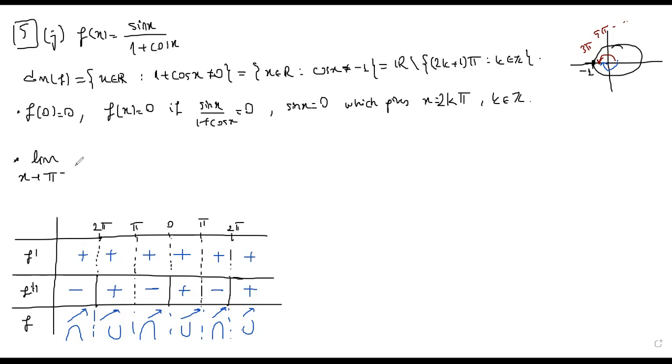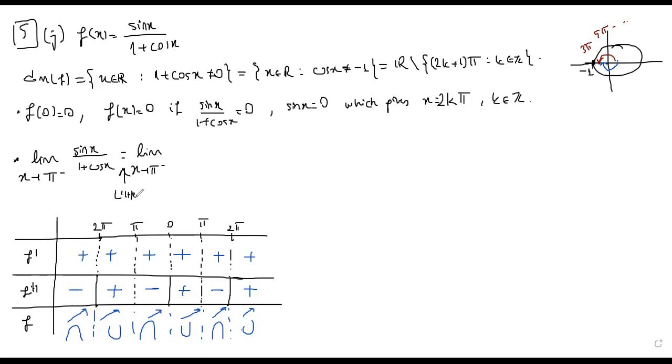So when we're approaching pi from the left, we have this function sine x over 1 plus cosine x, right? So you see when x is equal to pi, in the numerator we will have 0, and in the denominator we have again 0. So we have 0 over 0.